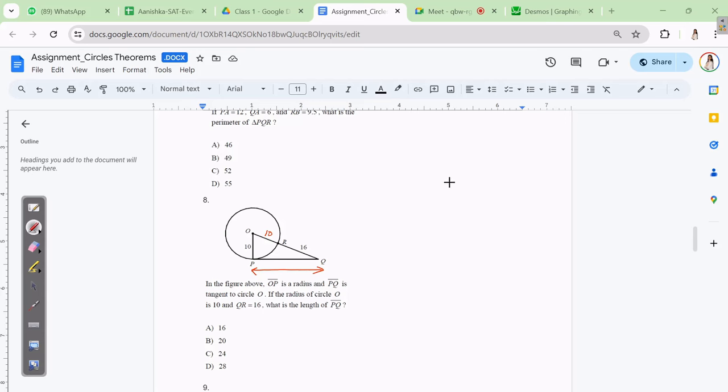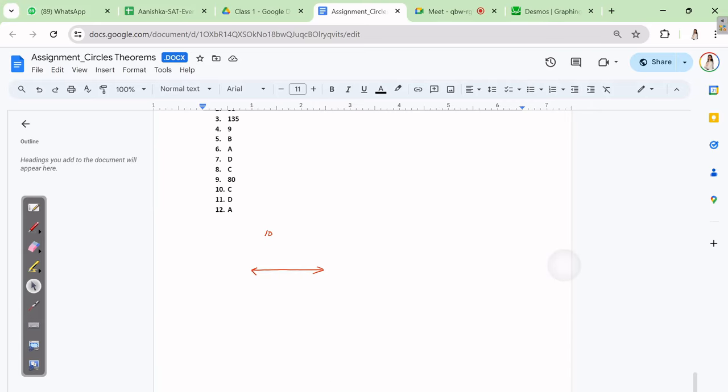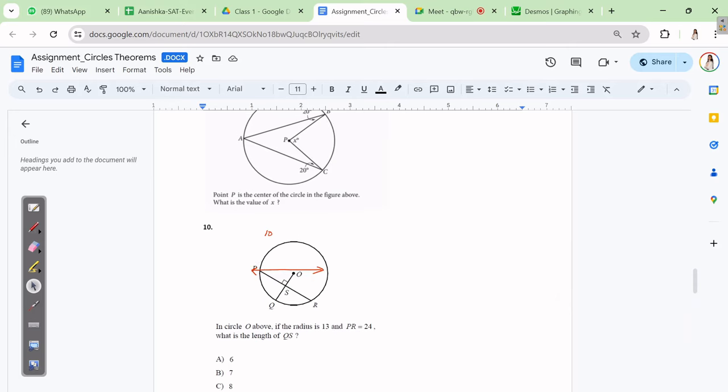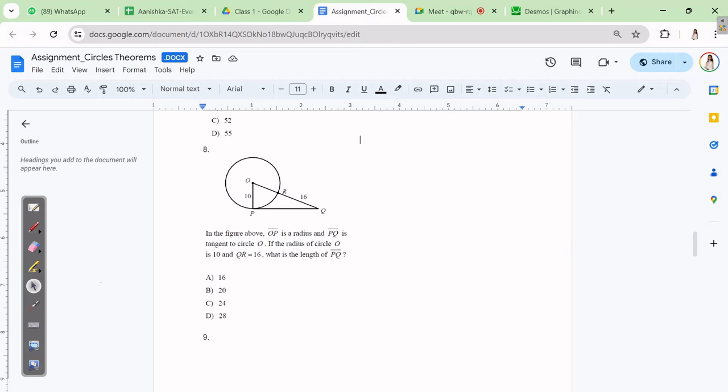Is that D? I don't know the answer. I have to check number 8. Number 8 is C. You got D? Yeah, because you applied the Pythagorean theorem?